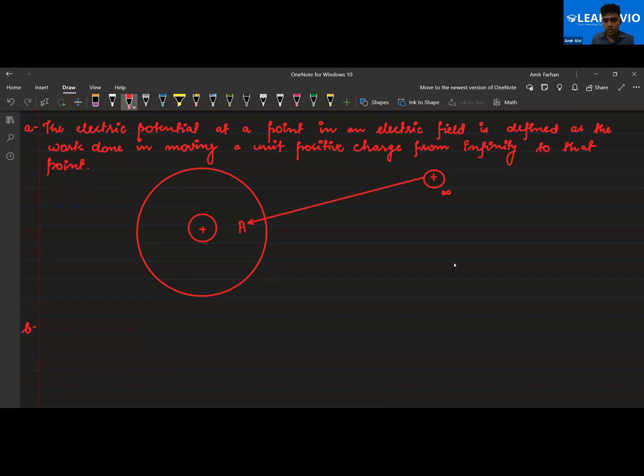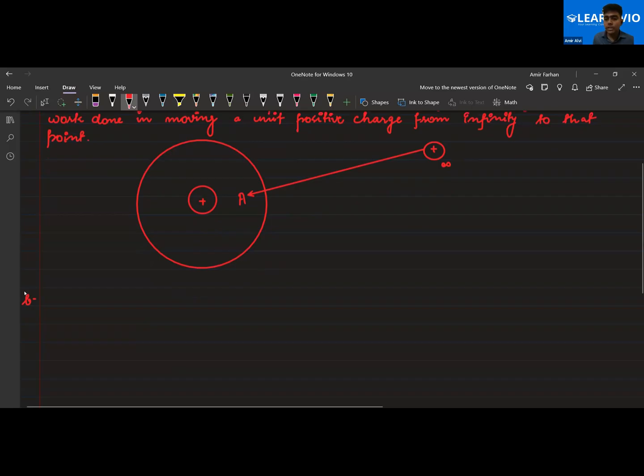Okay? Sure. Now, the next property of the electric potential is that it is a scalar quantity. It means that it only depends on the magnitude, right? Scalar quantities are those quantities which depend on the magnitude. So that's why electric potential is only affected by the magnitude. There is no effect of the direction on electric potential.